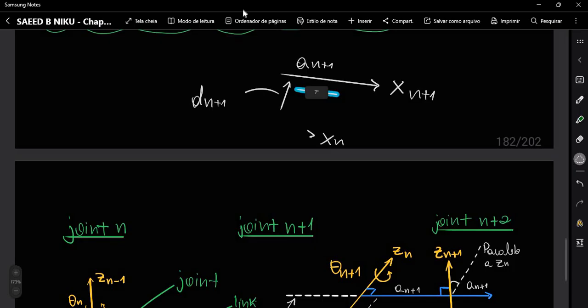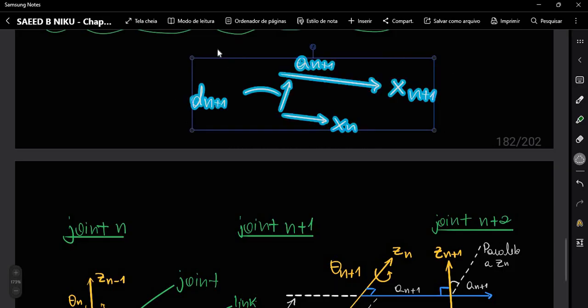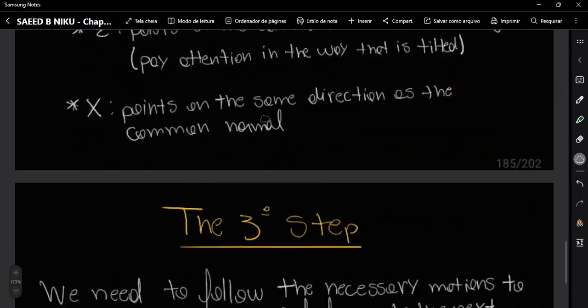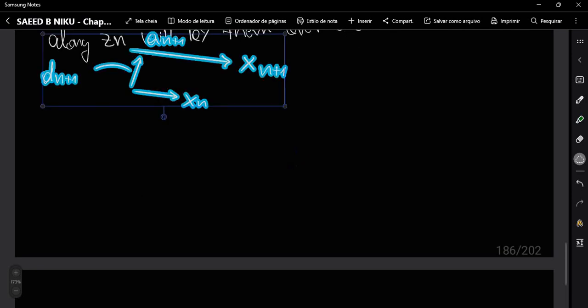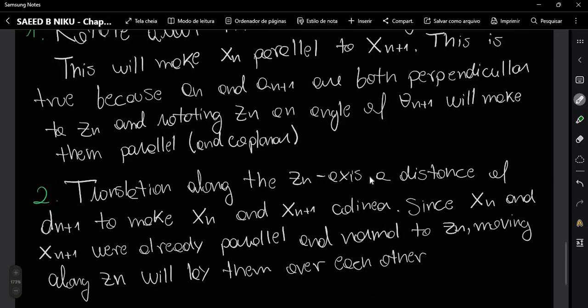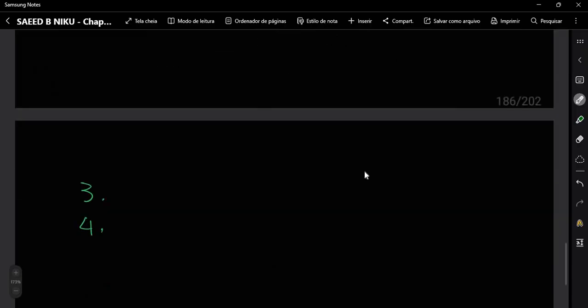Okay. Is this what we are doing? Okay. Now the third motion.